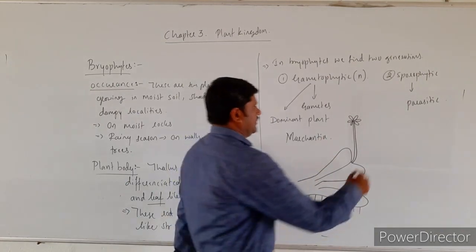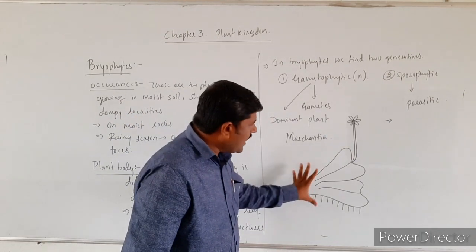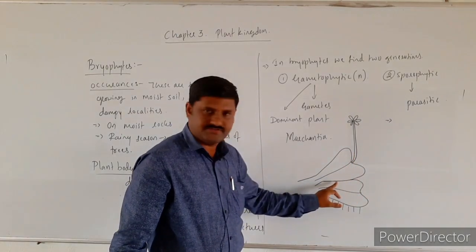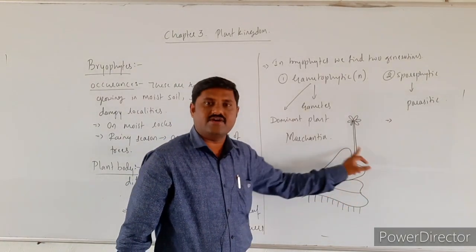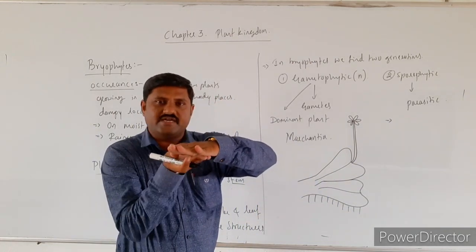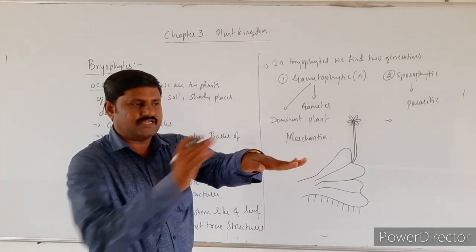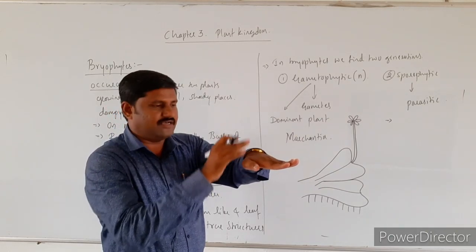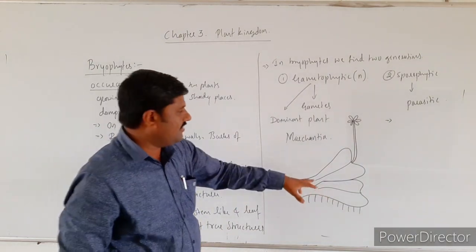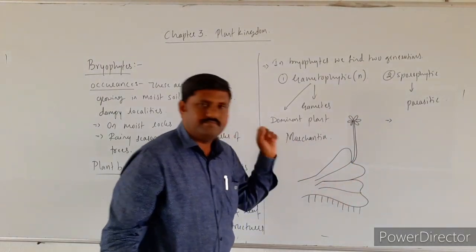So let us describe this plant body. The plant is a thallus, of course, and it is dichotomously branched. The plant is dorso-ventrally flattened, right? It is flat. So consider this one as the plant. It is dorsally as well as ventrally flat. Such kind of plant body is dorso-ventrally flattened and dichotomously branched.